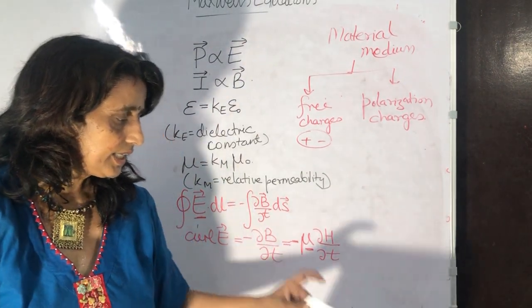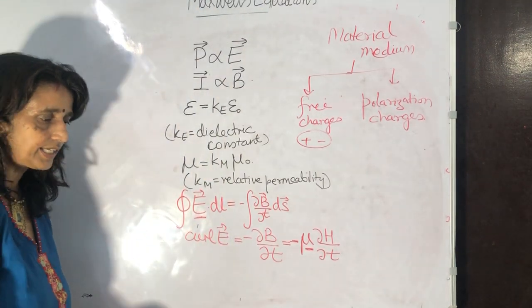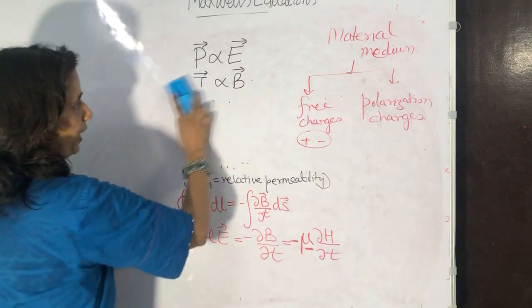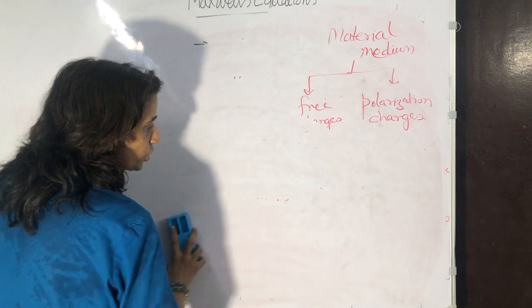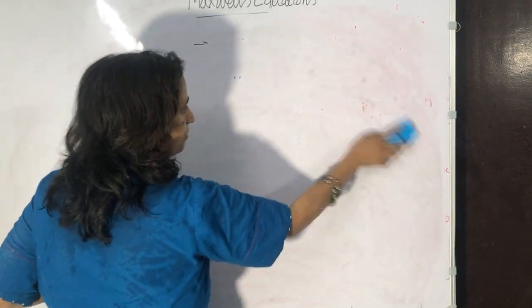Now in a static field, static means nothing is moving. So when nothing is moving, the charges are not in motion, that is the rate of change of charge, and all these terms will become zero.